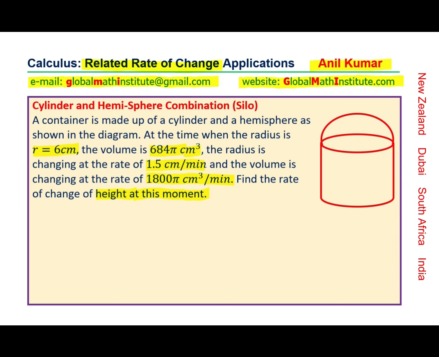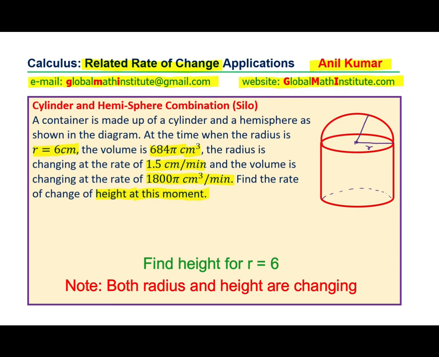So, we are given this diagram where that is the cylindrical part, and as you can see, the radius of the cylinder is given to us as r, which is also the radius of the hemisphere on top of it. Important thing which we need to note here is that radius is changing, right? r is changing.